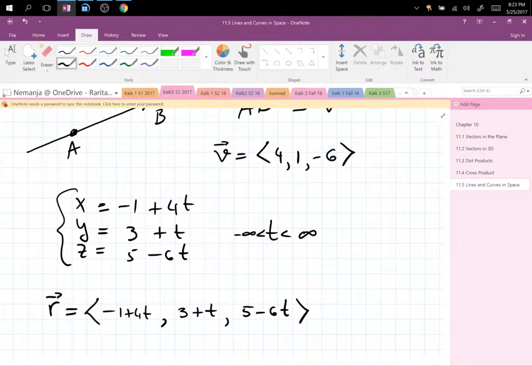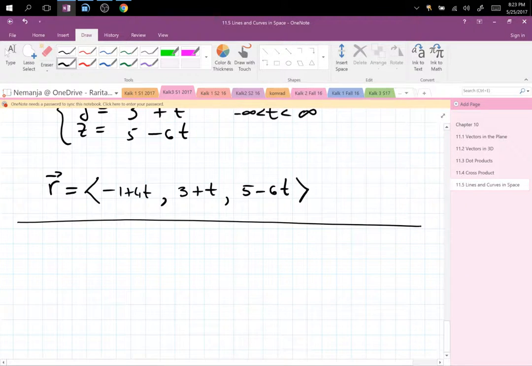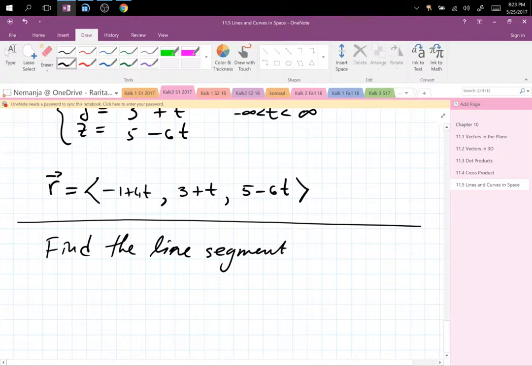And now it's the time for us to take a look at the line segment. So I want to find the line segment, let's go with problem 28 from the textbook.